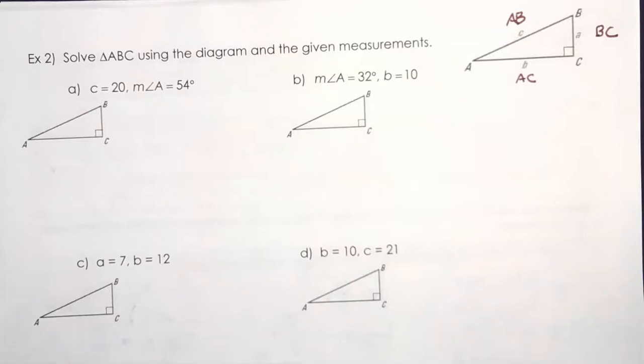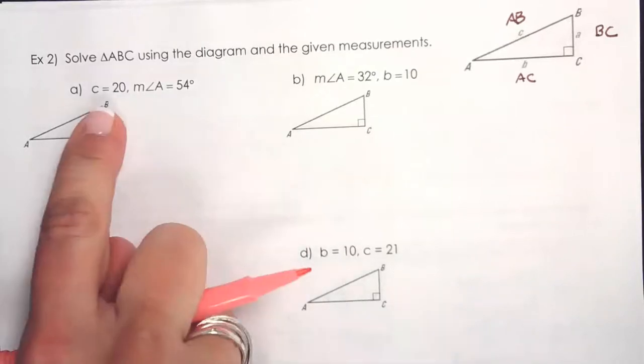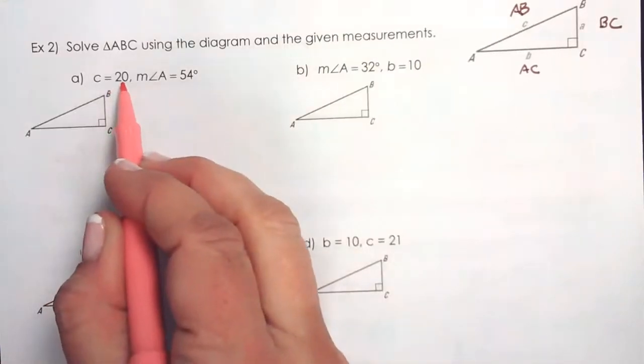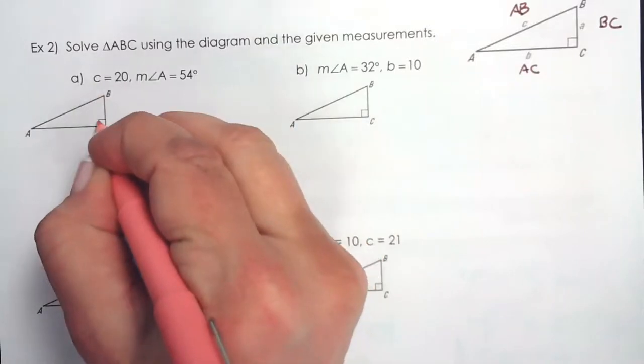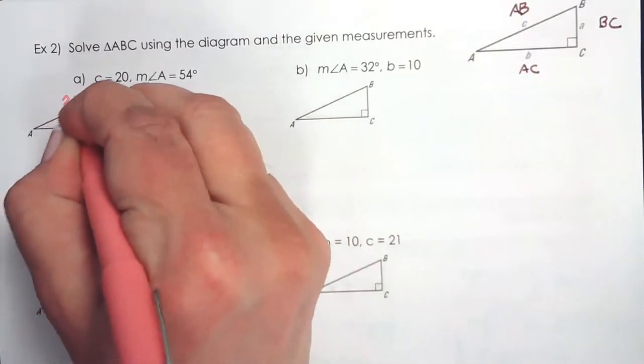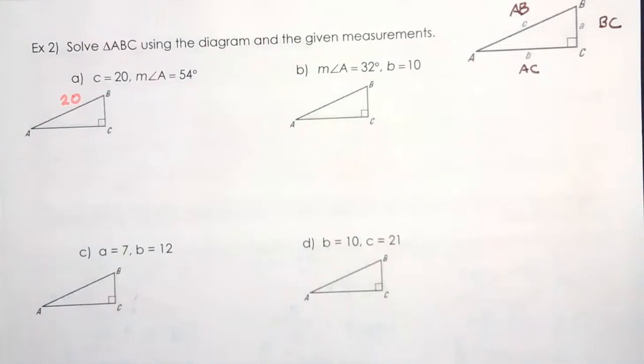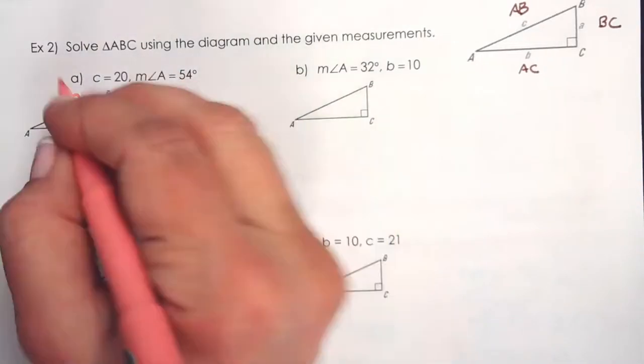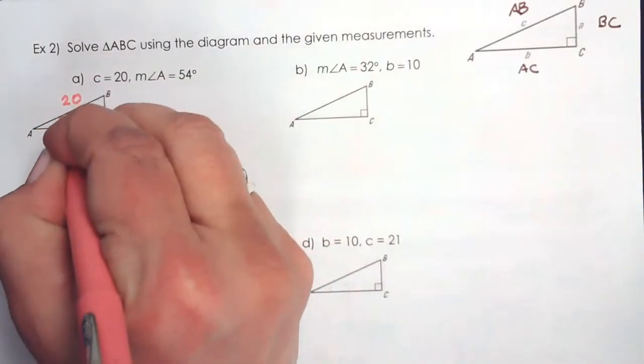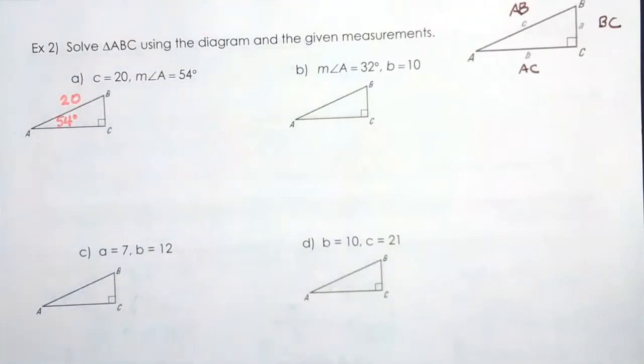So let's look at example 2A. This says that side C is 20. That means that across from angle C, that side is going to be 20. It also tells us that the measure of angle A is 54 degrees. Okay, so we can label the information that we have.